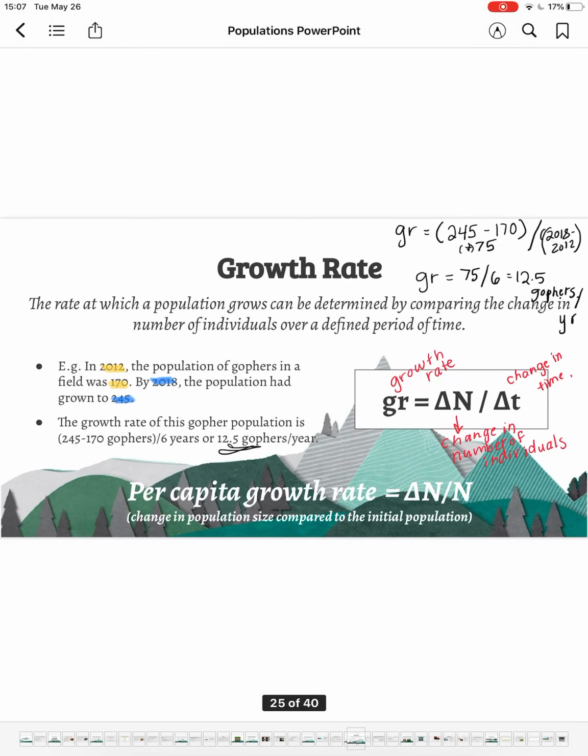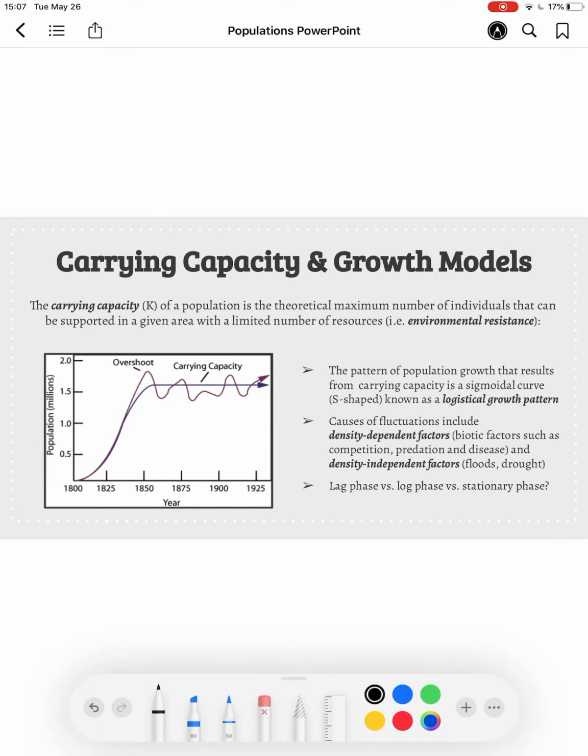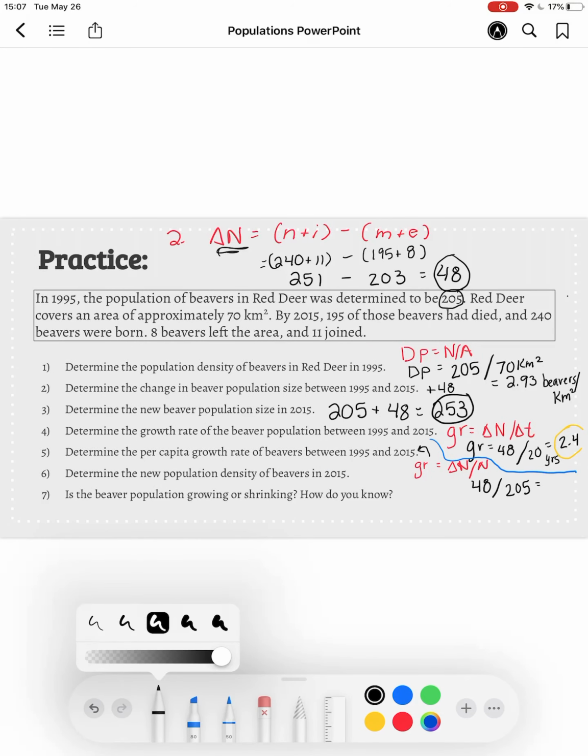I'm just going to double check that I did that right. Yes. So our answer is 0.23.